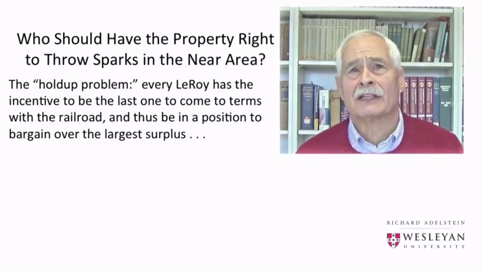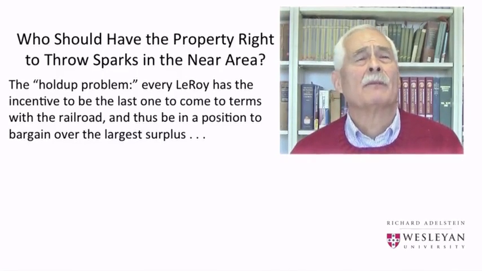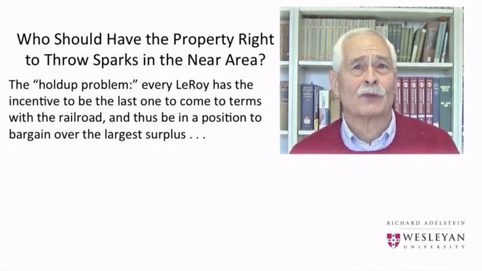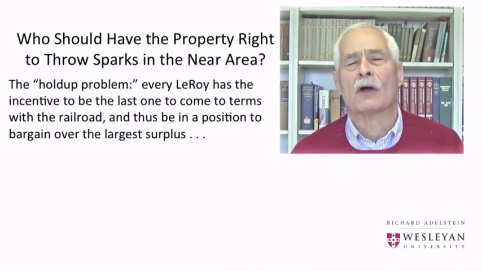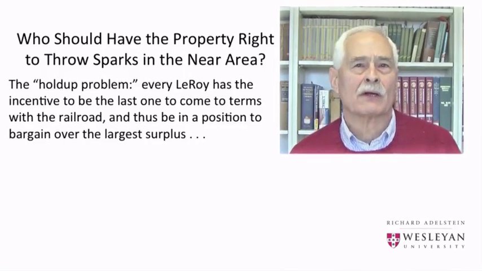Every Leroy has a similar incentive to be the last Leroy to come to terms with the railroad, because the last Leroy who comes to terms with the railroad will have the opportunity to bargain over a much larger surplus than that Leroy would have been able to bargain over had the Leroy come to a deal with the railroad somewhat earlier.